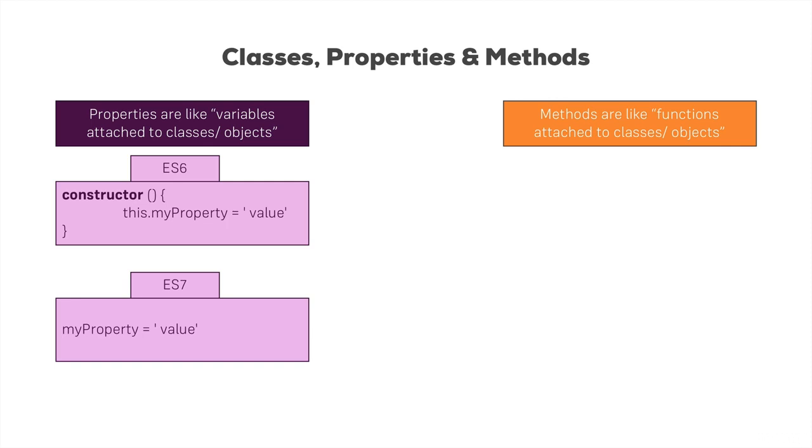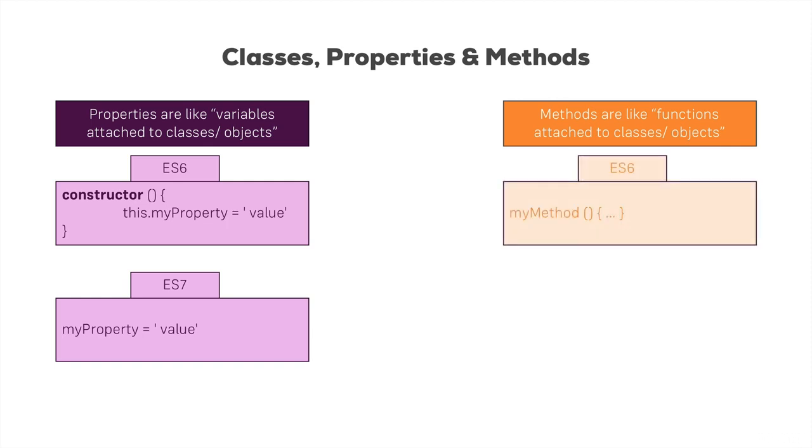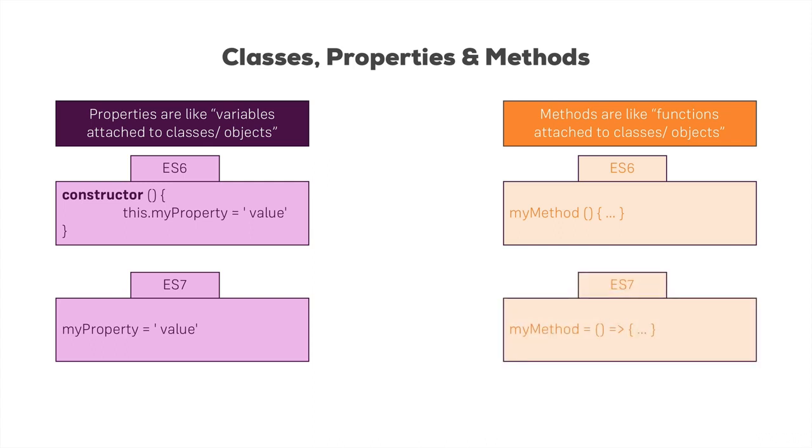And for methods, it's pretty similar. This is the old way I showed you in the last lecture. Now, the next generation JavaScript way is to use the syntax from the left, where you set up a property, and simply think of a method as a property which stores a function as a value. And then you end up with that. myMethod equals, and then an arrow function.